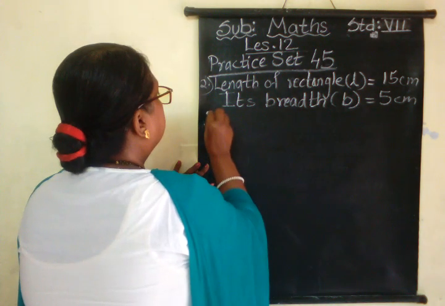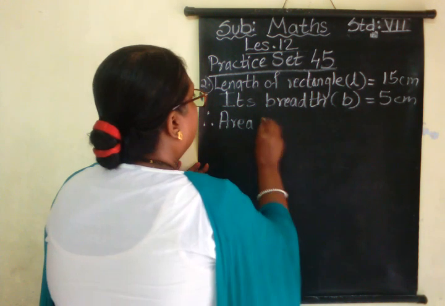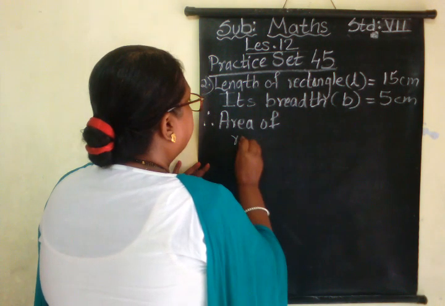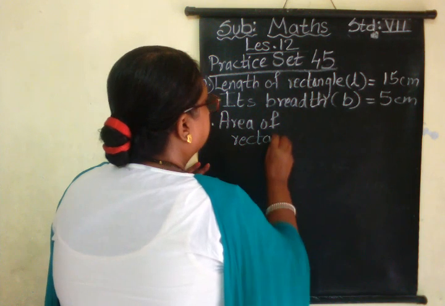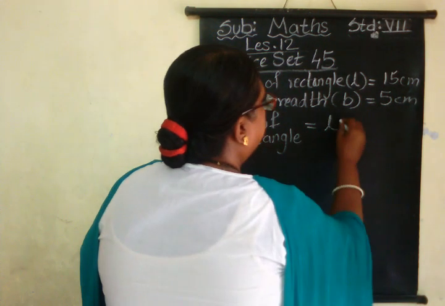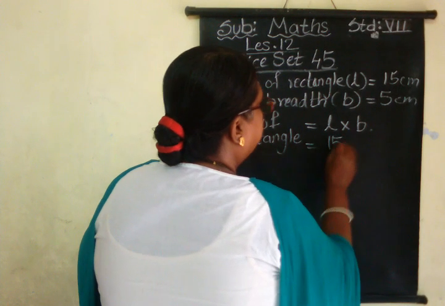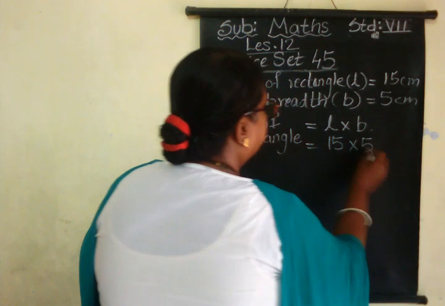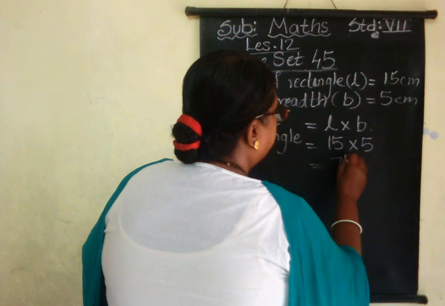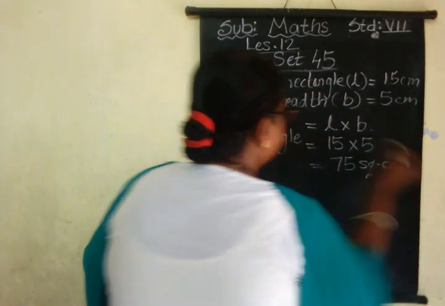Therefore, area of rectangle is equal to L multiplied by B, which equals 15 multiplied by 5, which equals 75 square centimeter.